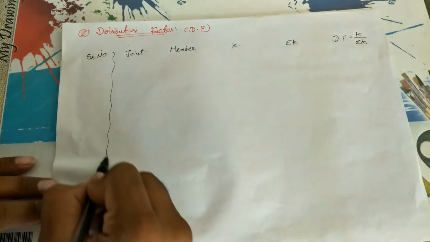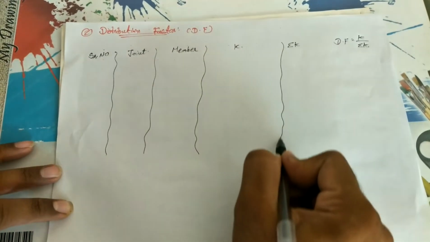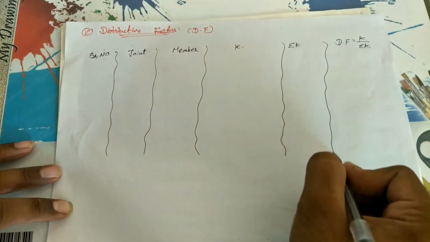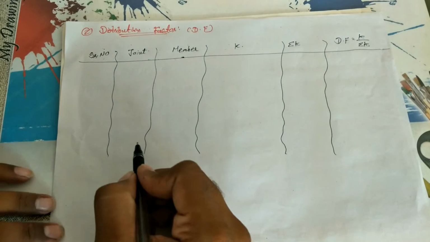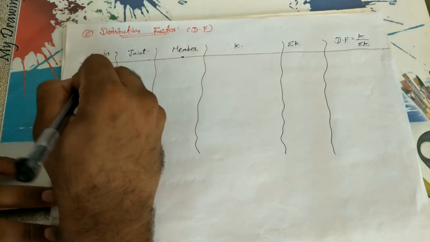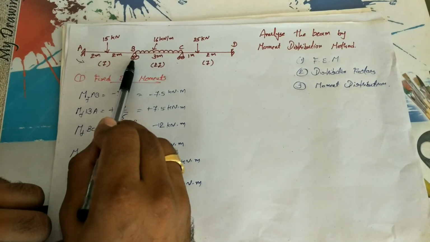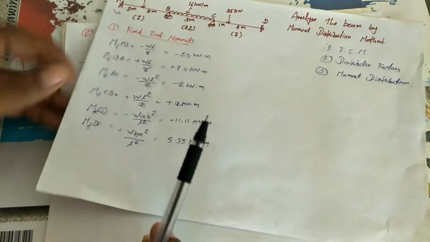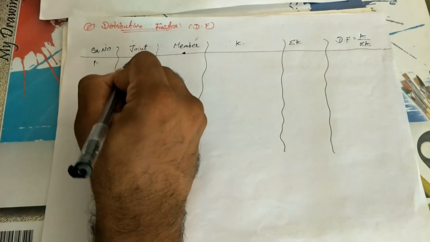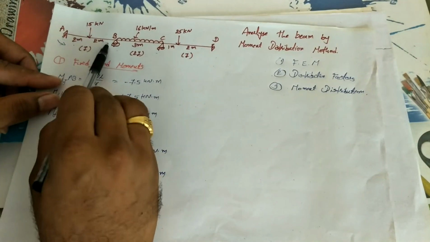Here you have to remember the stiffness values, depending on whether the far ends are simple or fixed. We have joints A, B, C and D, so 4 joints. First I will take the intermediate joints, and after that the end joints. So we have B and C. Let us take joint B first. The members connected to B are BA and BC.